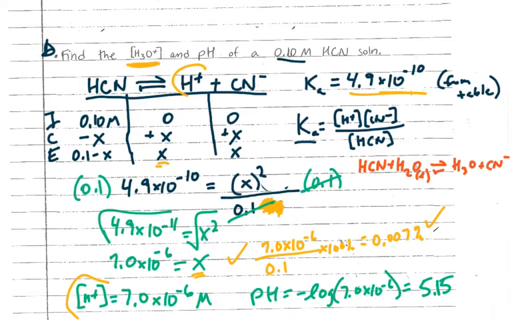But the water is liquid, so it won't be in the equilibrium constant expression anyway. So the equilibrium constant expression is the same. Whether you use hydronium or hydrogen, it does not matter. Okay?